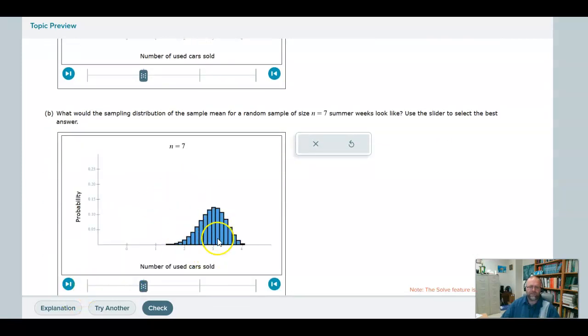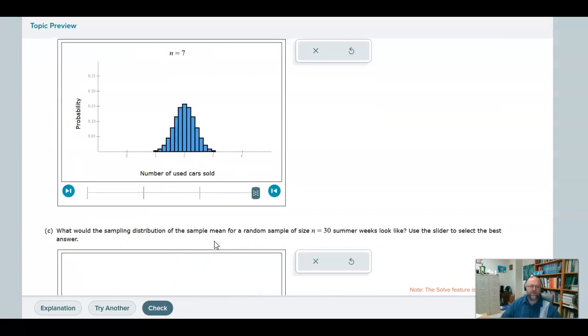Notice that the mean is not anywhere near our population mean, so that's not going to be it. This one is also pretty far away from our 1.82 mean, and this one is right there at about our 1.82 mean. And notice that 0.5 is here and 3.5 is there, and this thing is squished more together. So that is our answer.